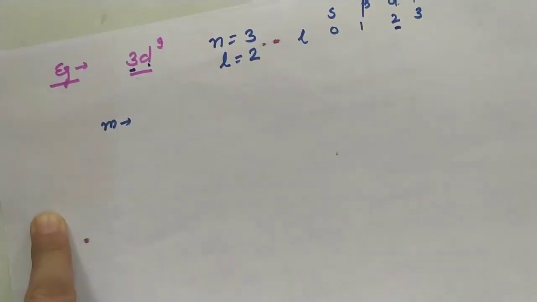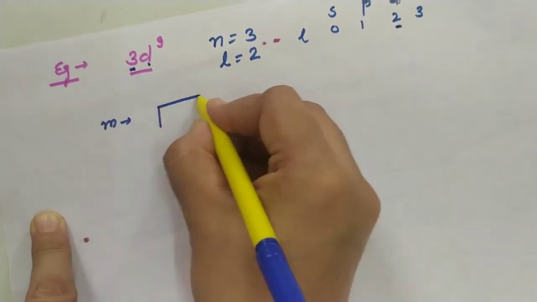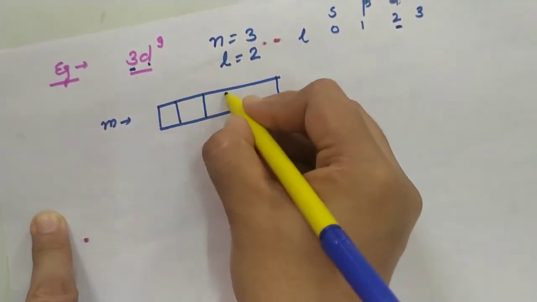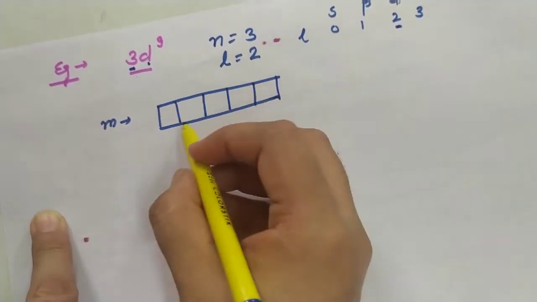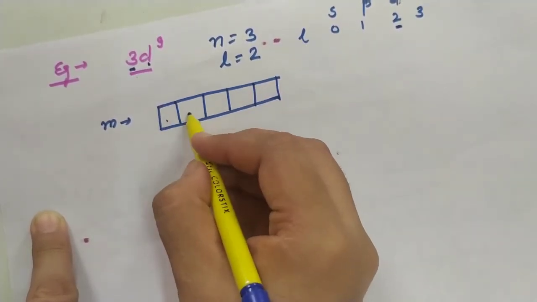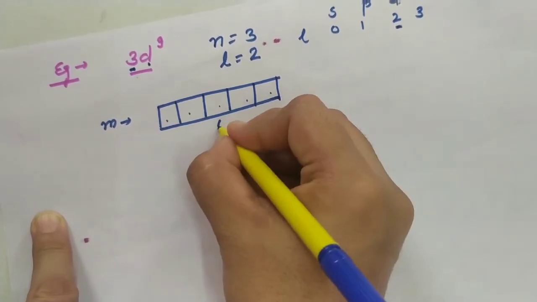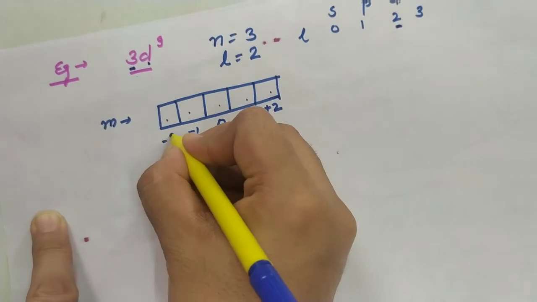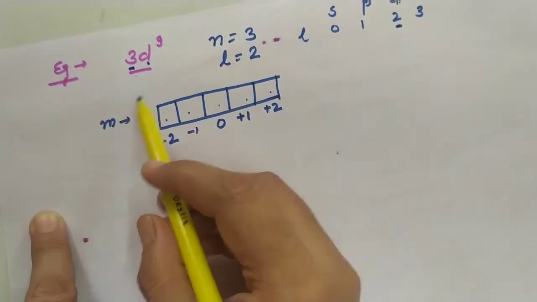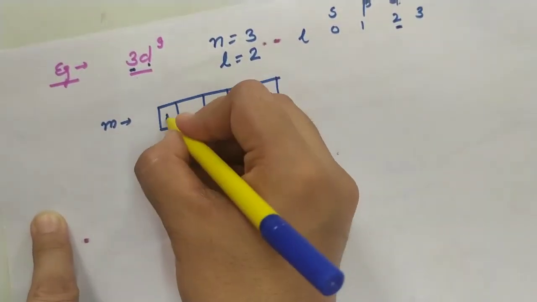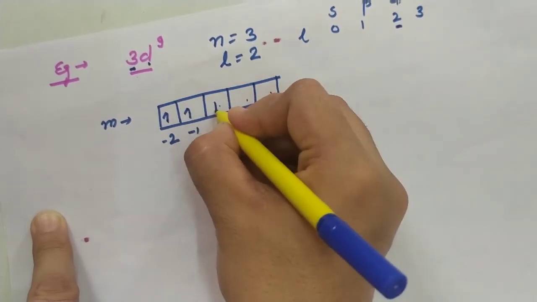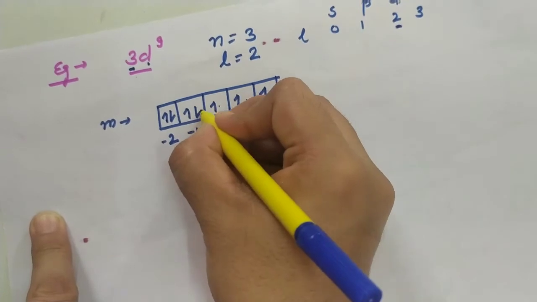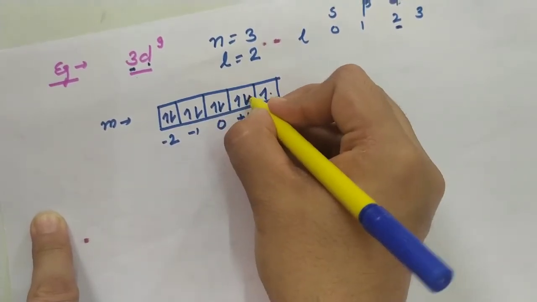For finding the value of m, we expand the orbital. The d subshell has 5 orbitals. 1, 2, 3, 4, 5. At the center you write 0, plus 1, plus 2, minus 1, minus 2. For 3d9, put 1, 2, 3, 4, 5, 6, 7, 8, 9.